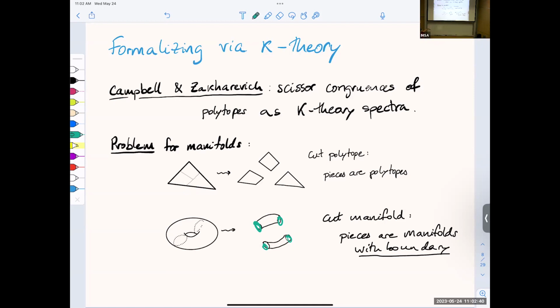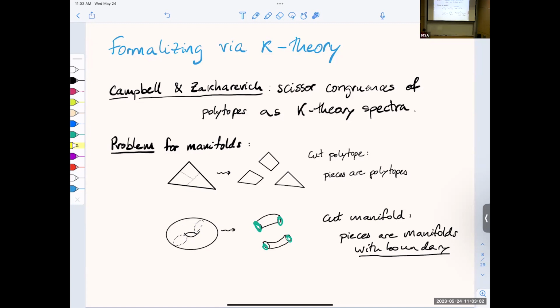The pieces over there were things of the same nature as the big thing, but the little manifolds are manifolds with boundary versus the closed manifold that we started with. That's an essential difference between the two stories.